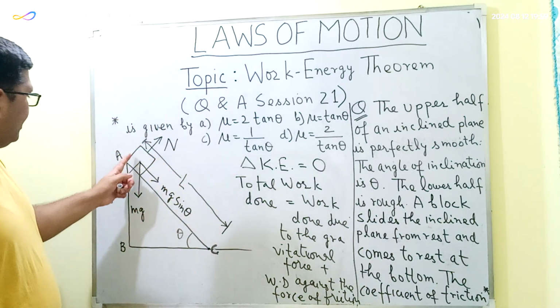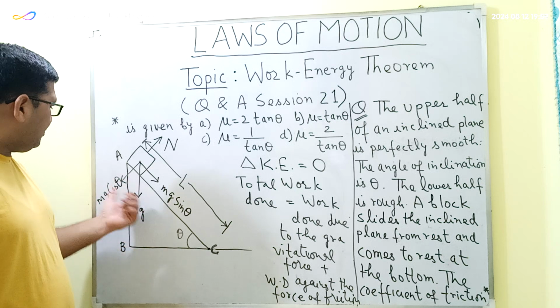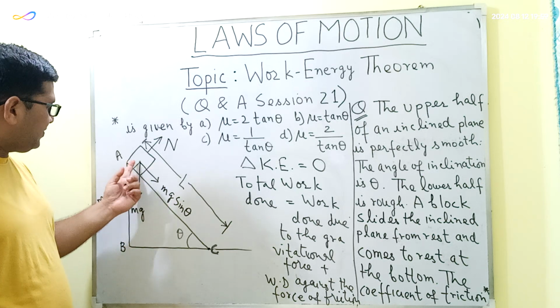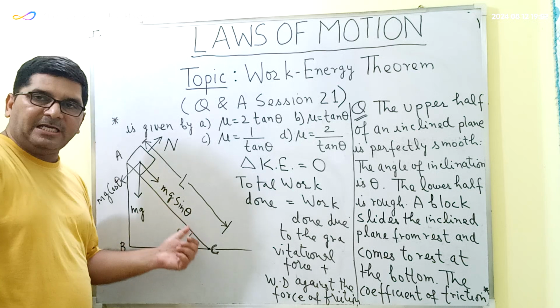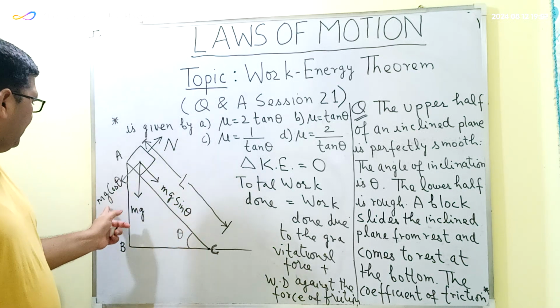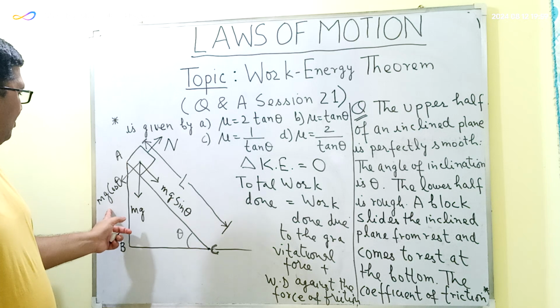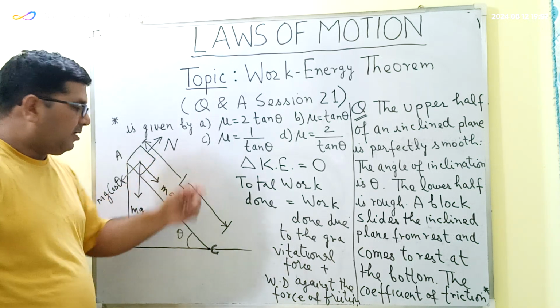Here the weight of this block is acting vertically downward. I have resolved this into two components, that is mg sin theta, which is acting along this inclined plane in the downward direction as indicated by this arrow, and the other component, mg cos theta, which will be equal to the normal reaction.